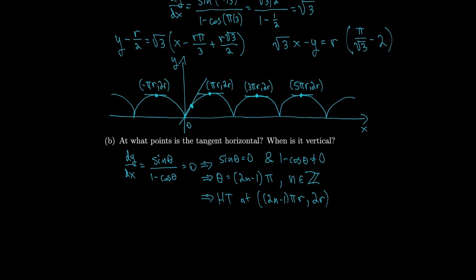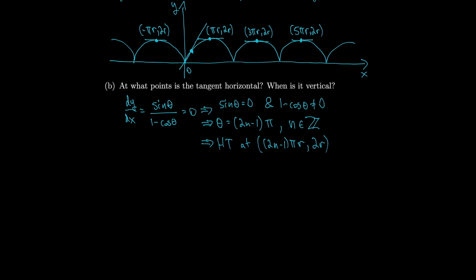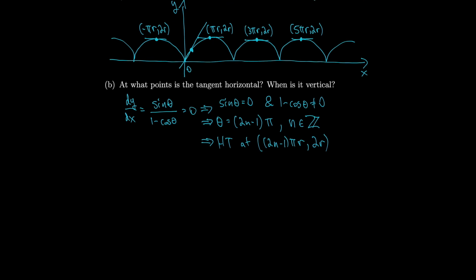Let's see where we have vertical tangents now. So we need to look for dx d theta, our denominator, to be 0, because that's when this thing will be undefined. So that's when theta is equal to 2n pi. So we should check theta equals 2n pi to see if we have a vertical tangent here. Notice dy d theta is also 0 here.